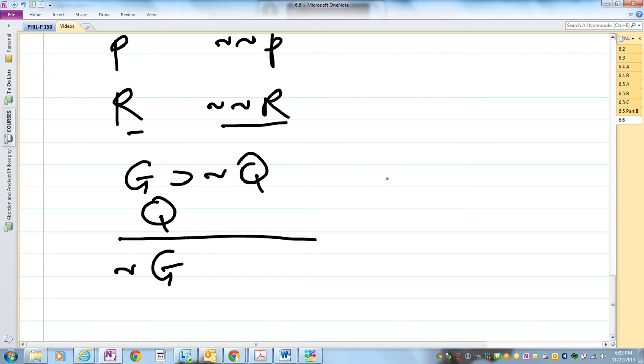Here's the form of modus tollens. You have a conditional, and the second premise is the negation of the consequent, and you infer the negation of the antecedent.